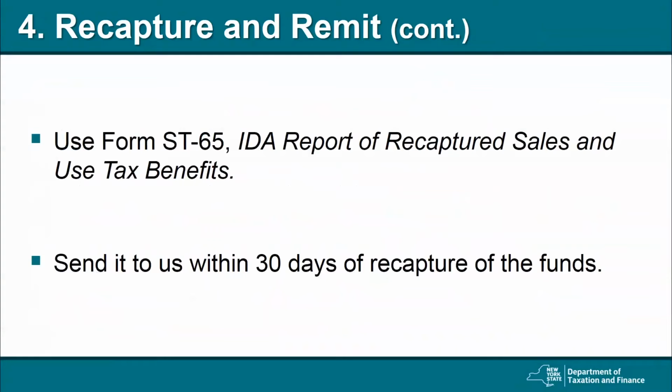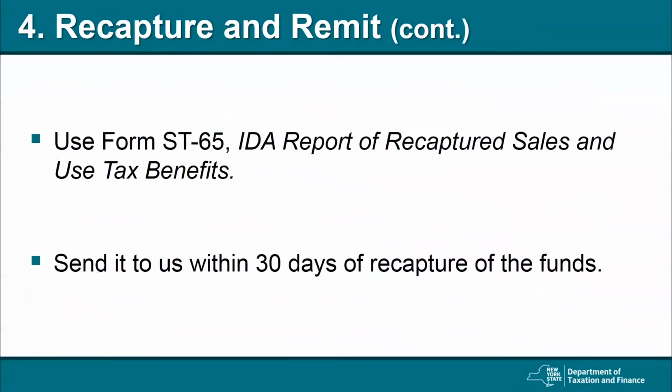And it asks for just basic information about the project, the reason for the recapture, and the tax amounts recaptured. The tax amounts are reported separately for any state sales tax, the 4% share, and the local sales tax, generally 3 or 4%, depending on the locality.